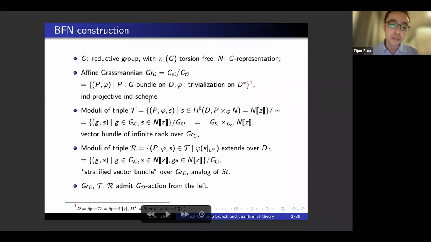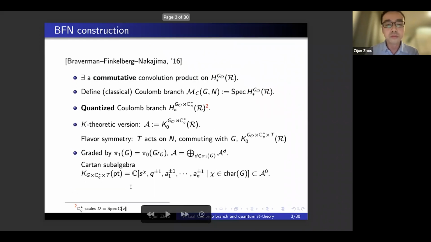And all of these spaces admit a G[[z]] action from the left. And in this great work of Braverman, Finkelberg, and Nakajima, they considered the G[[z]]-equivariant Borel-Moore homology of this space R. And the central result in their paper is that they proved there is a convolution product which is commutative on this homology group.